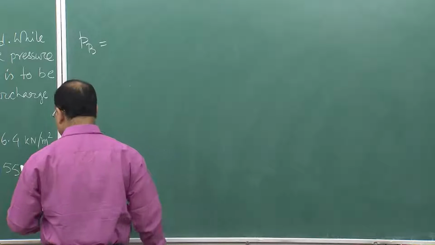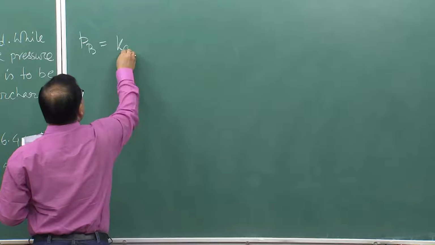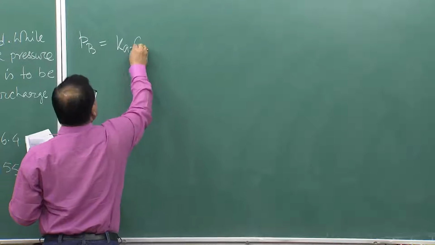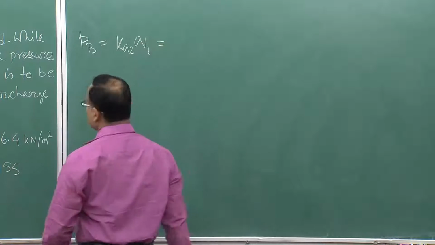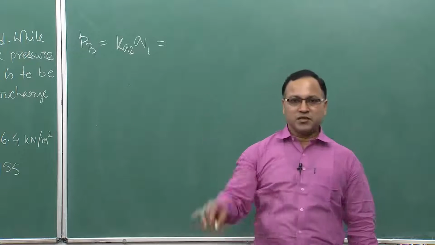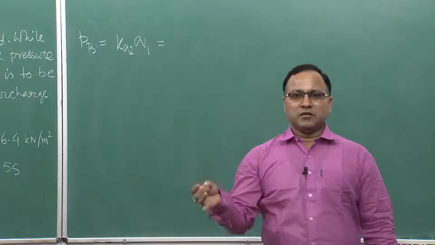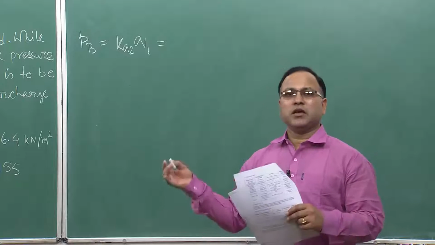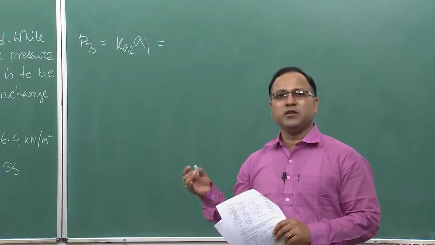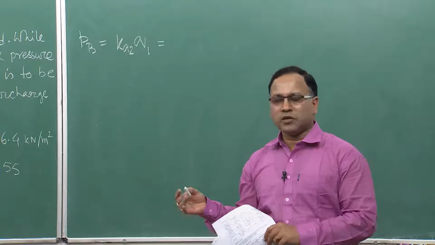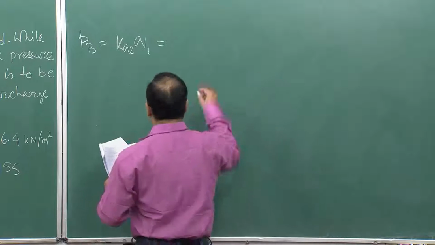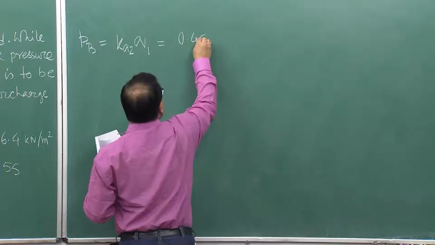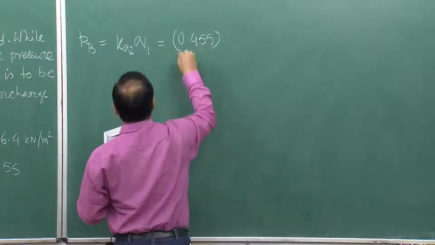So, Pb is equal to Ka2 into Q1, simple, because you have the surcharge, and the surcharge is nothing but the vertical pressure. So, the lateral pressure will be Ka into that surcharge amount. So, Ka2 into Q1, which is 0.455 times, what is Q1?